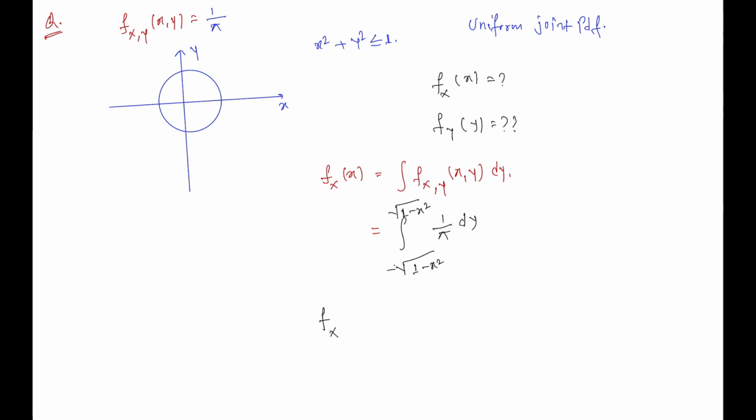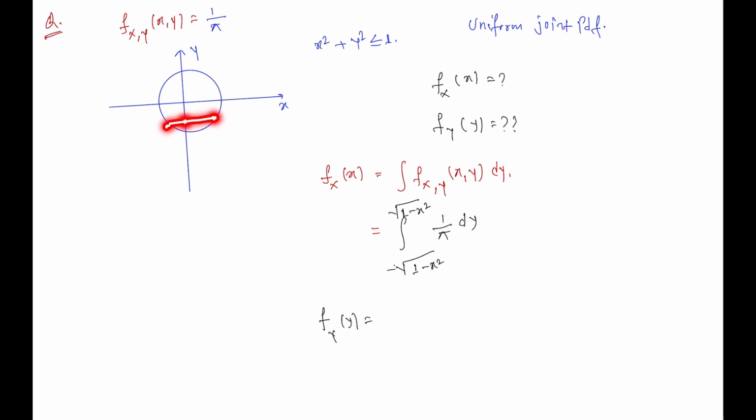Similarly, in order to find the marginal PDF of the random variable y, you will now fix the value of y, pick any value of y, and see how the x varies. If you pick this value of y, the x will vary like this. If you fix this value of y, the x will vary like this.